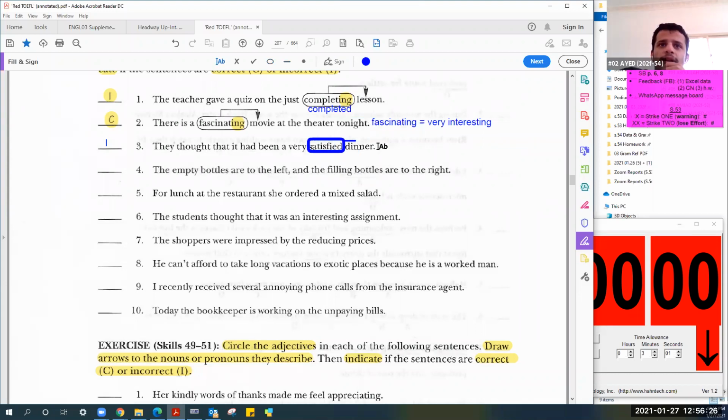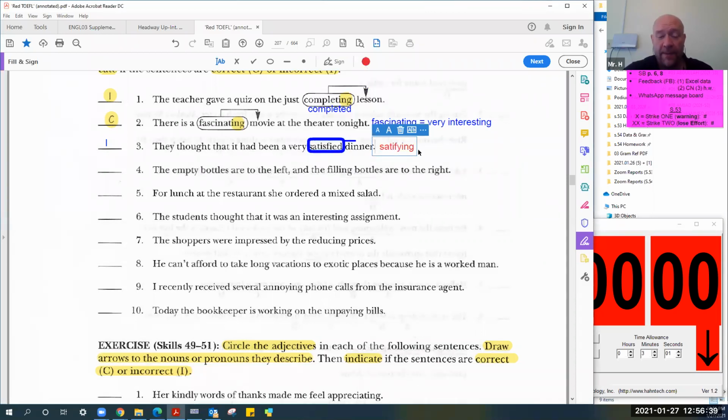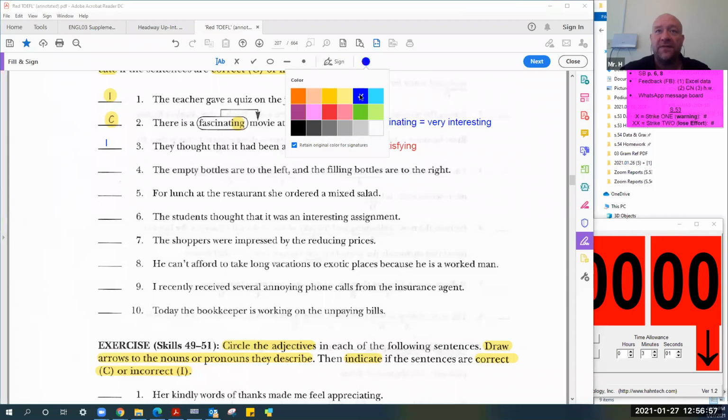It should be satisfying. Exactly. Satisfying is the correct answer. Why should I change it to satisfying? Because the dinner does the satisfying. Exactly. Does anybody know the meaning of satisfy?